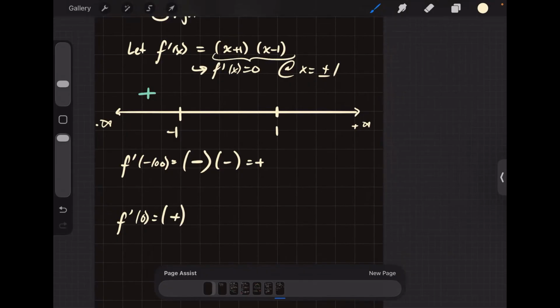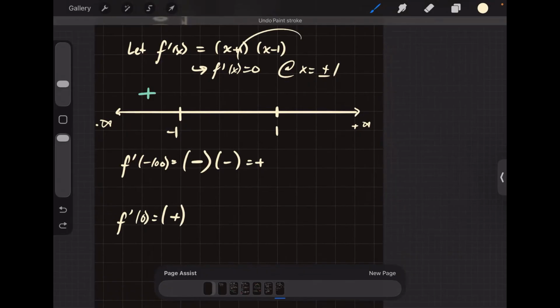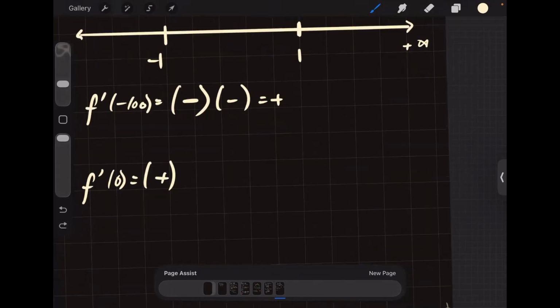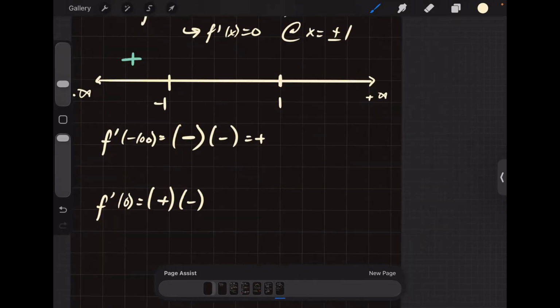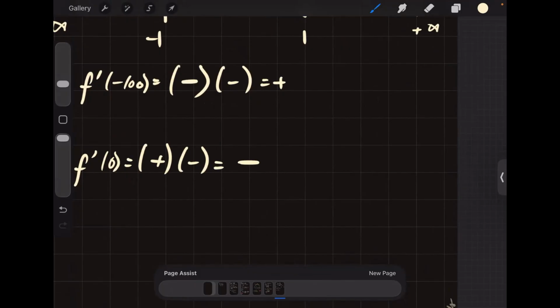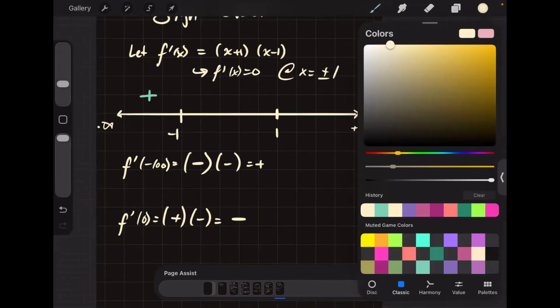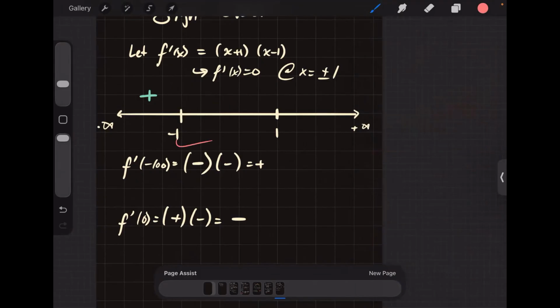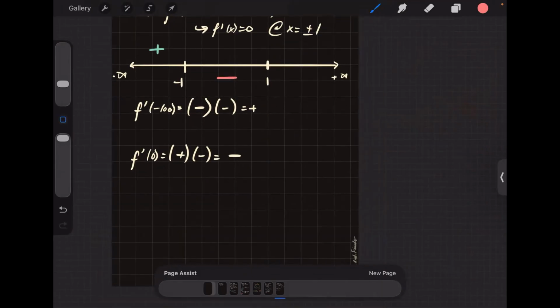Also, this is why factored form is nice, okay? 0 minus 1 is negative. Positive times a negative is a negative. So we know that from negative 1 to positive 1, our function is decreasing, right?